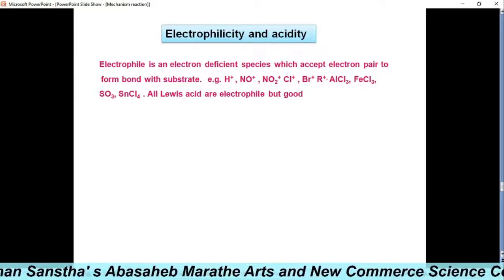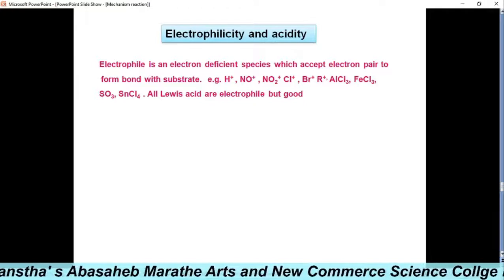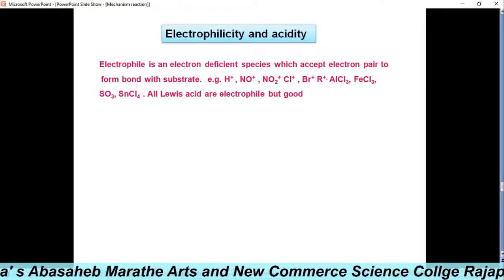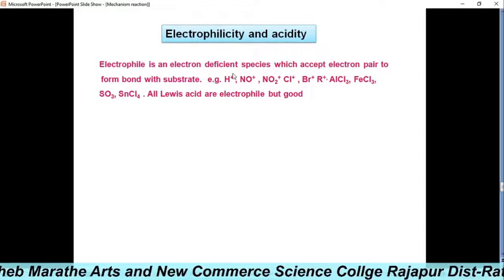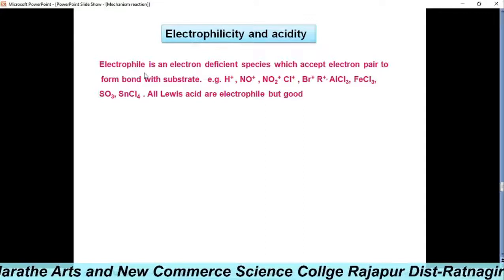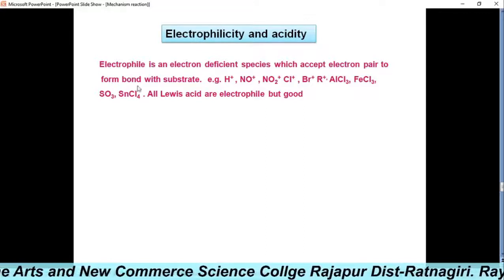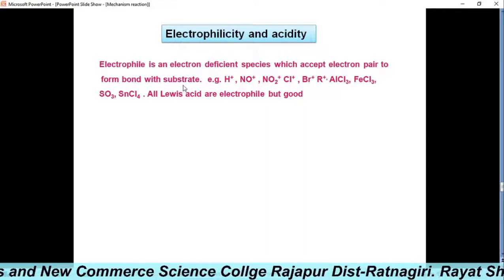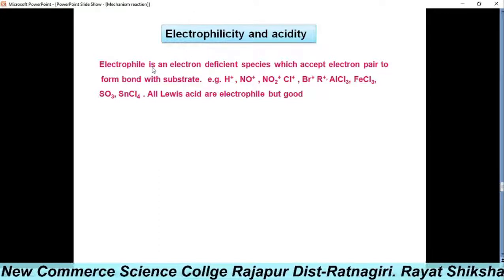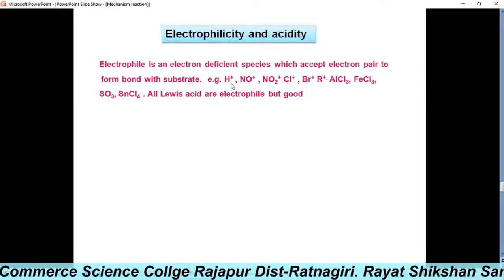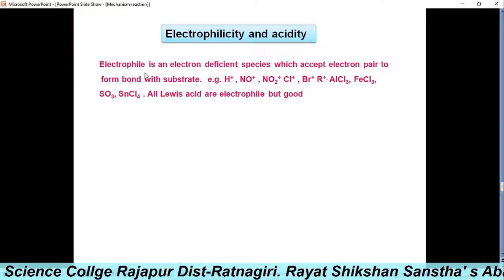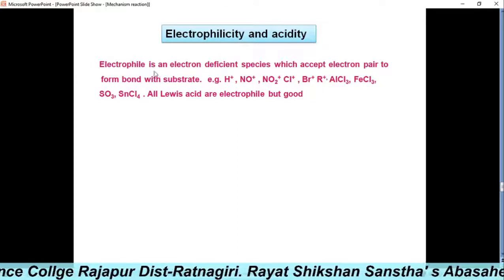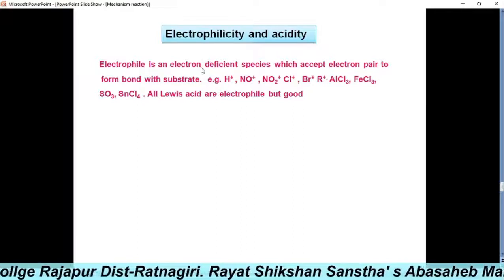Similarly, electrophiles are electron-deficient species which accept an electron pair to form a bond with the substrate. Or, as another definition, electron-loving species are called electrophiles.